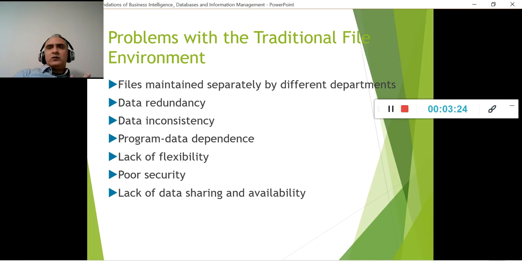And it doesn't work in the same way, because this leads to many issues. For example, files are maintained by different departments. So different departments work in different ways. And that leads to having data redundancy, which is the same information is copied, but it doesn't match. We have data inconsistency because the way that I do the data in my department might be different from yours.